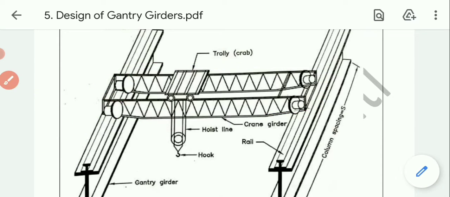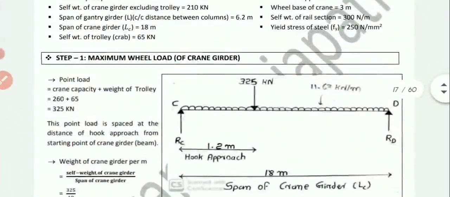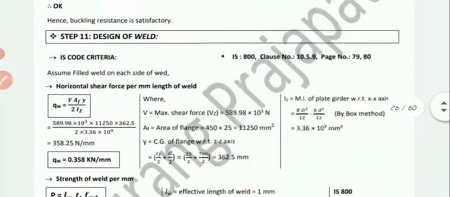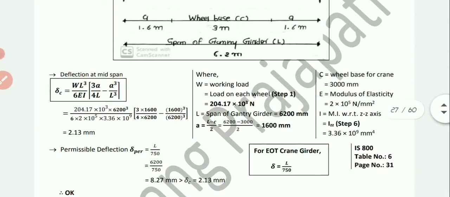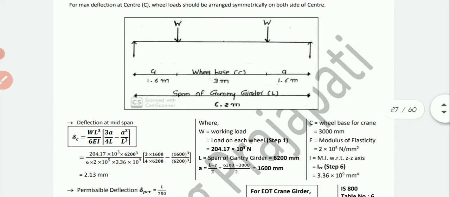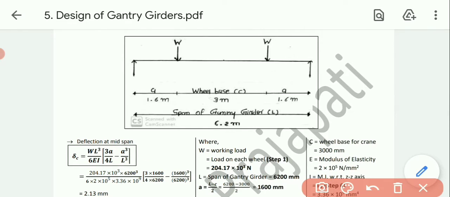So we can calculate the maximum deflection which is getting produced over there, and how much deflection we can say is permissible as per the code. So first of all, let's calculate the deflection criteria. This one is the span of the gantry girder, 6.2 meter.